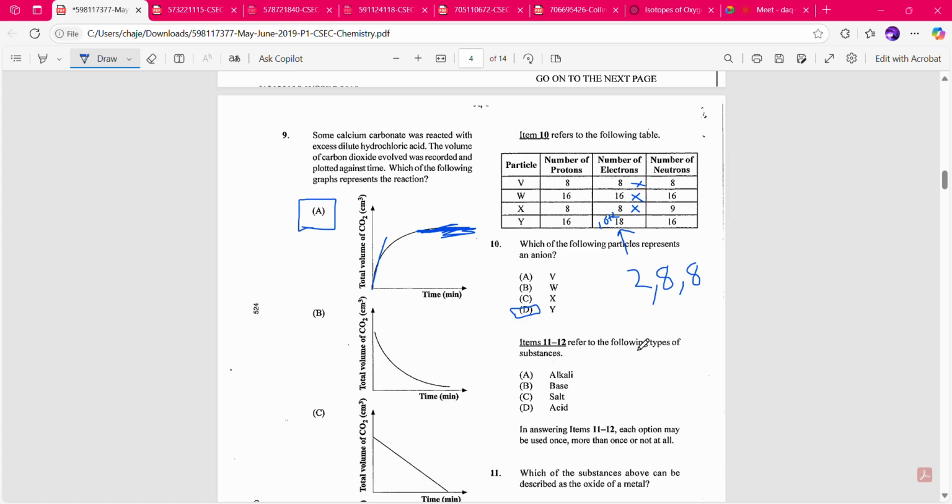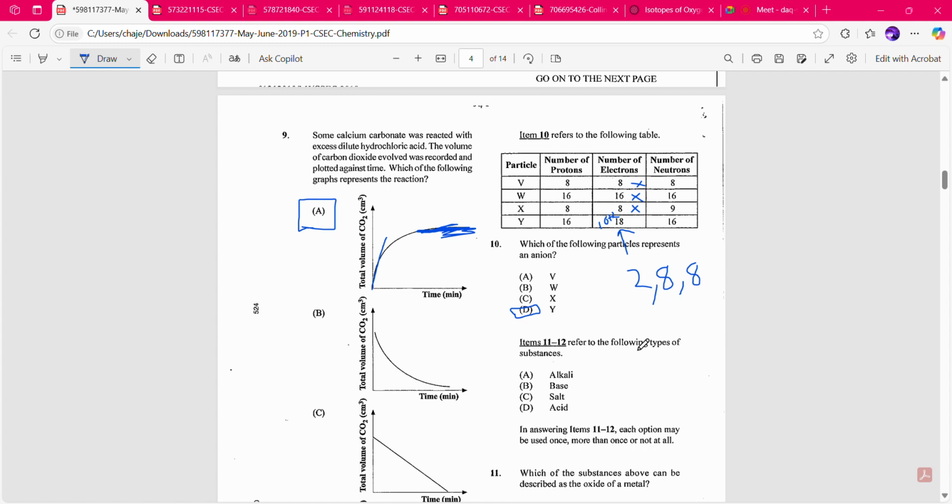However, elements in group 8 do not form anions. That is why I'm a bit peculiar. Elements in group 8 don't form anions because they already have a full valence shell. They don't have any reason to actually lose or gain anything.